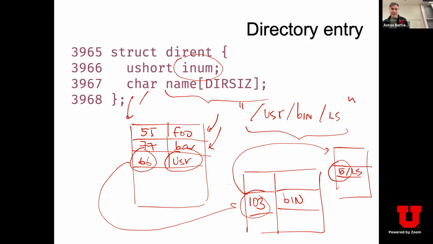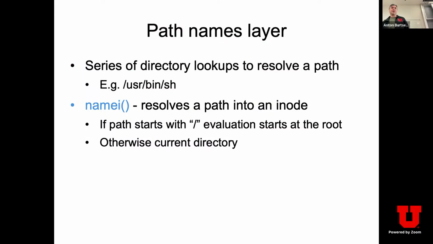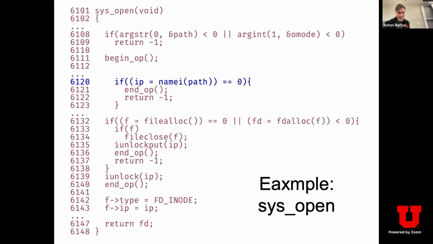And this layer, which resolves names or paths into inodes, is implemented with this function. We've seen it before. It's namei, name to inode. Remember when we were doing exec, we passed a path to a program, and you get an inode back. So here I have an example.